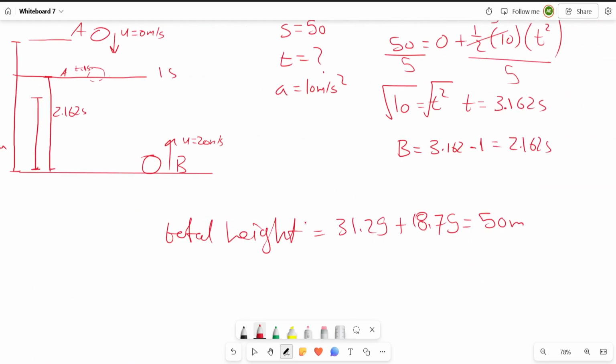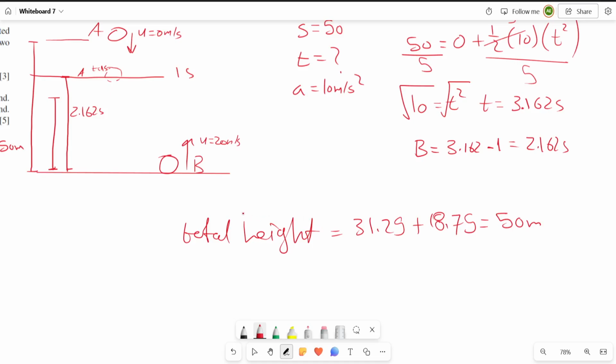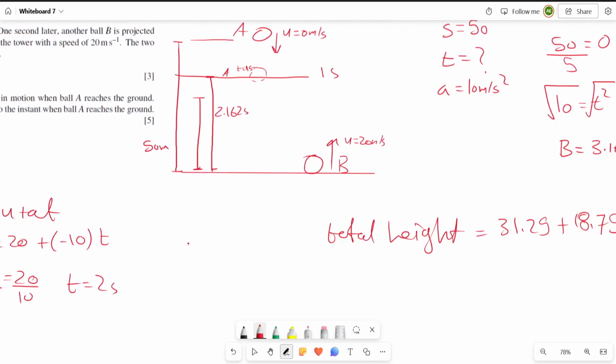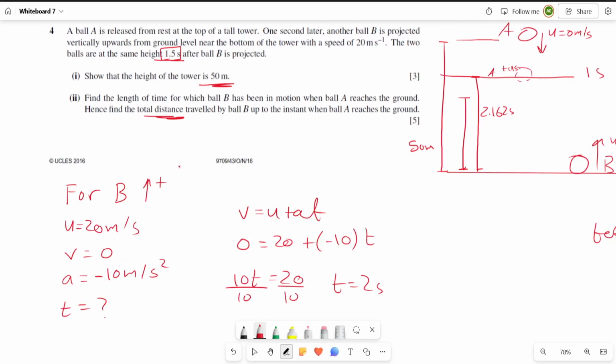So if I put my time as 2.162 seconds and I start solving for the displacement for B, this is going to give me an inaccurate answer. Why? Because remember, in the first thing that we did, we wanted to know what time has passed for B until it reached its maximum height.